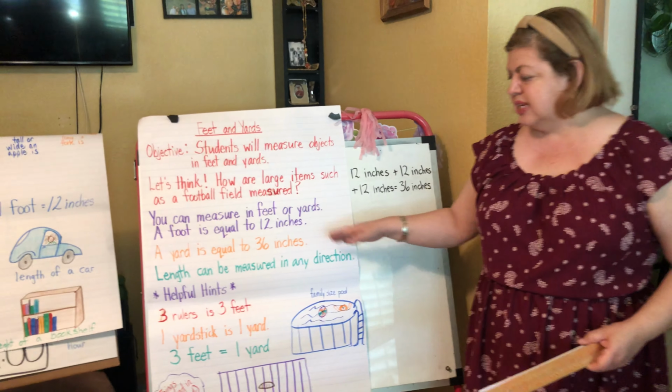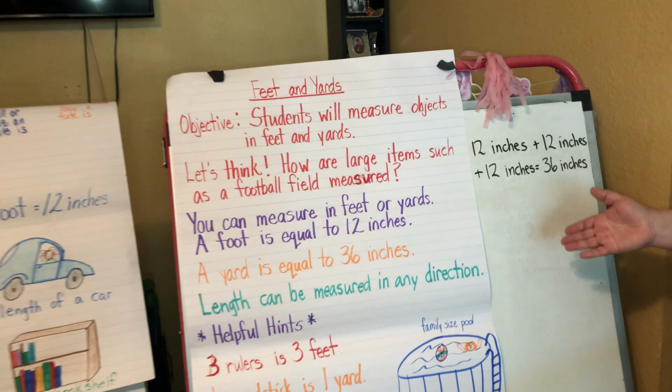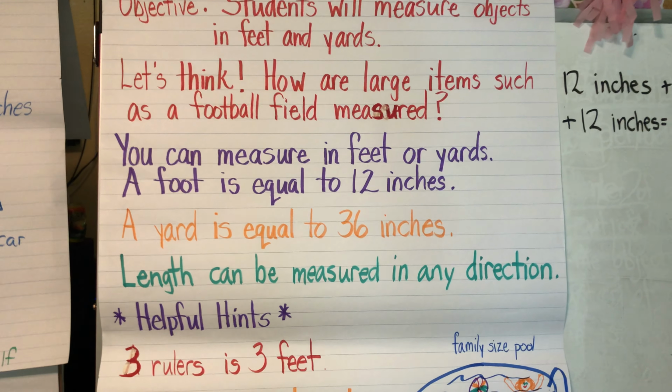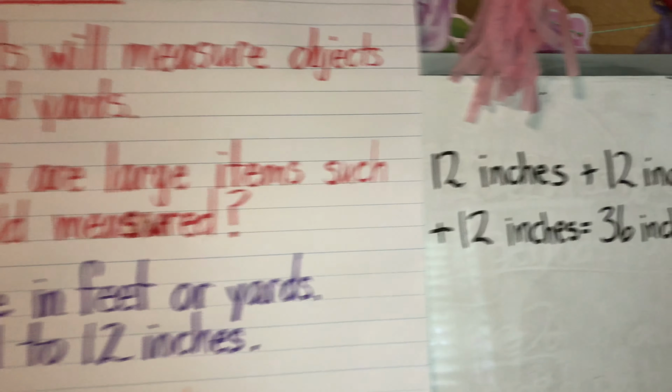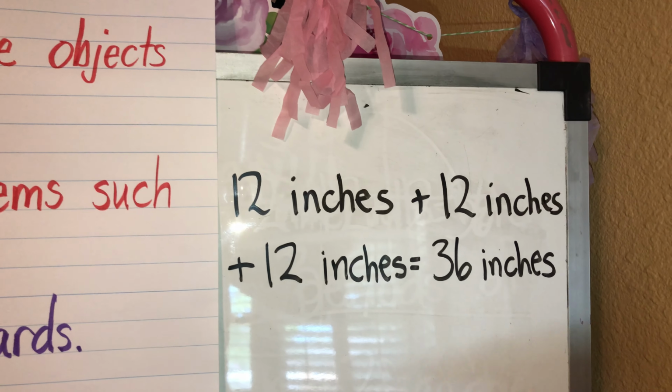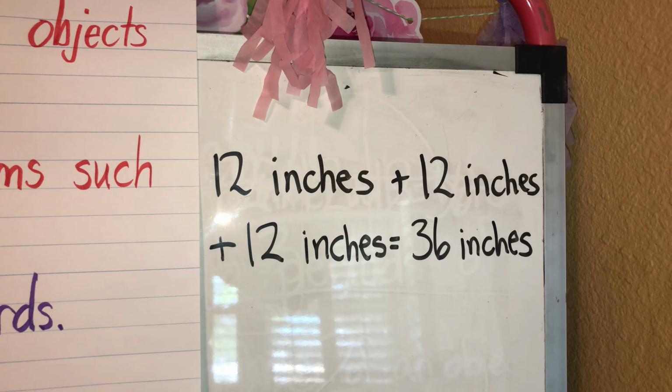And a yard is equal to 36 inches. And length can be measured in any direction. So here I wrote 12 inches plus 12 inches plus 12 inches equals 36 inches. And 36 inches is what a yard is. A yard is 36 inches.